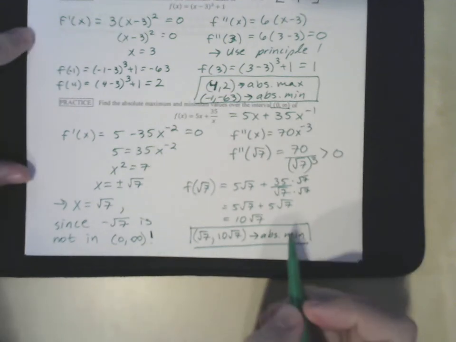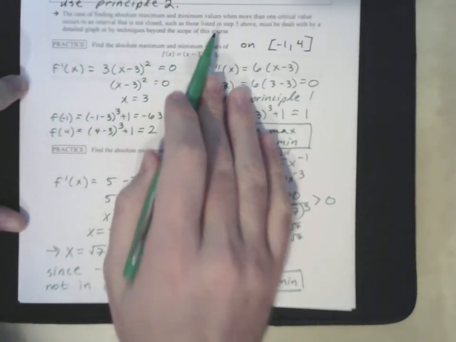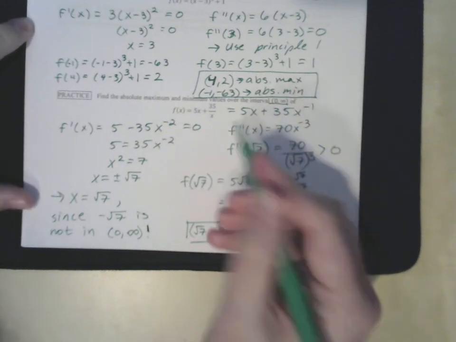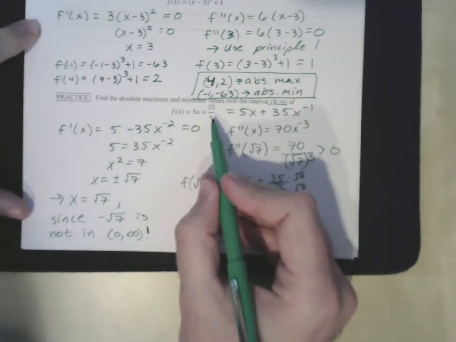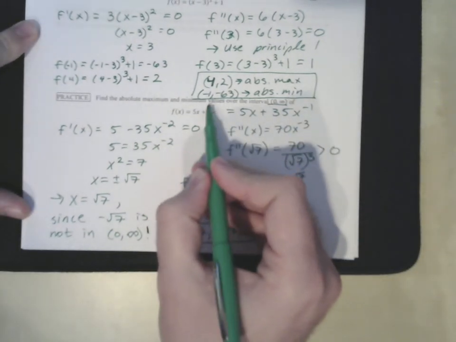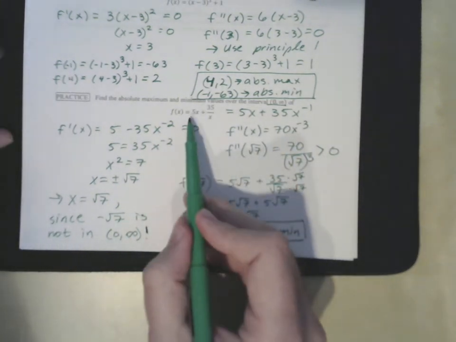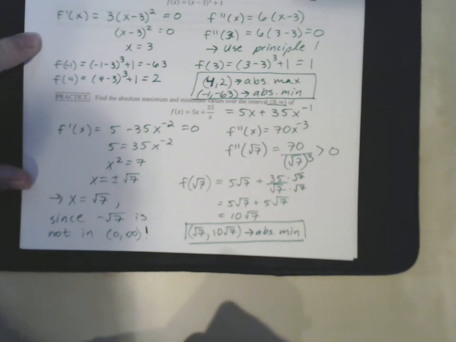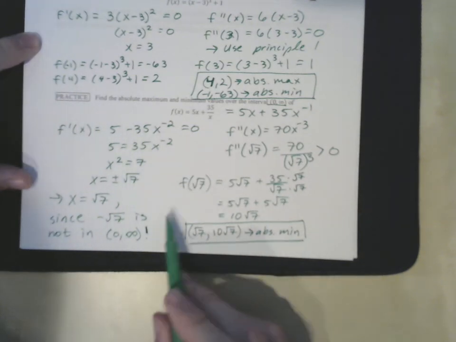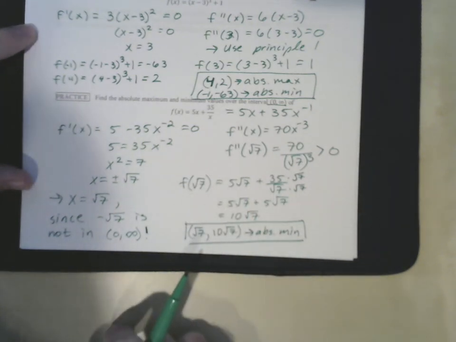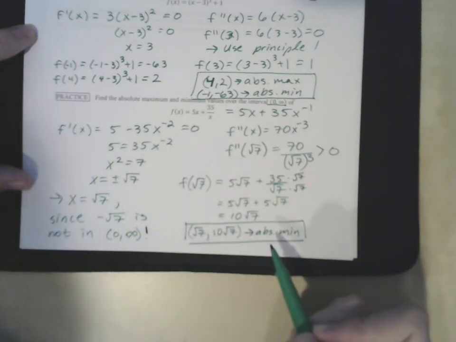And if you were to look at its end behavior, so think about graphing this, you would take the limit as x goes to infinity. This term goes to 0, but this term, this 5x, goes off to infinity, which means that it has no absolute max, which checks out because we shouldn't have any absolute maximum based on our work here.